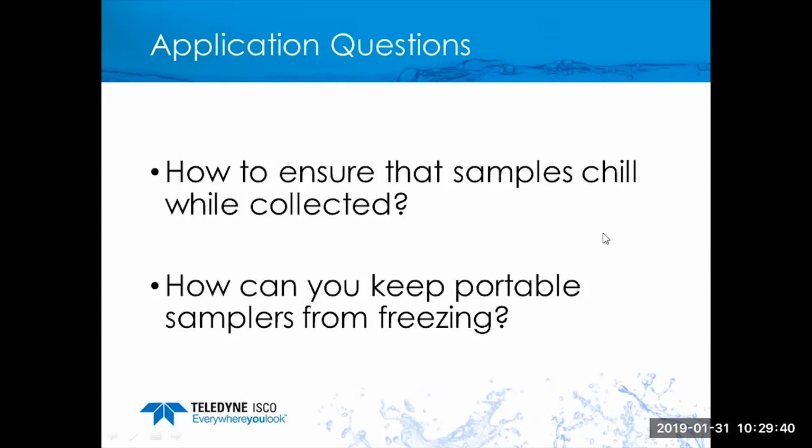For example, if you're sampling for solids or sedimentation, that's not going to degrade if it gets warm. But if you're doing anything that's monitoring for and evaluating the biological and chemical effects, in those particular situations, you do want to have that sample chilled, and the target is 4 degrees C.